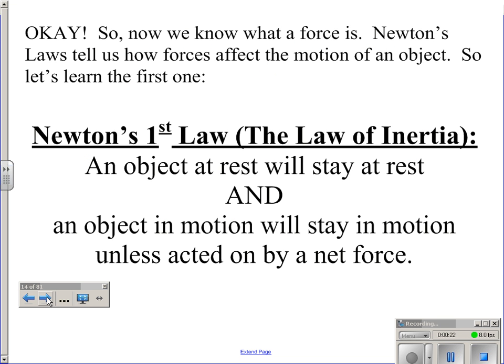Newton's first law. We've learned what a force is. All of Newton's laws tell us how forces affect the motion of an object. So we're going to learn the first one. Newton's first law, also sometimes called the law of inertia, says an object at rest will stay at rest and an object in motion will stay in motion unless acted on by a net force. A lot of this is kind of intuitive.